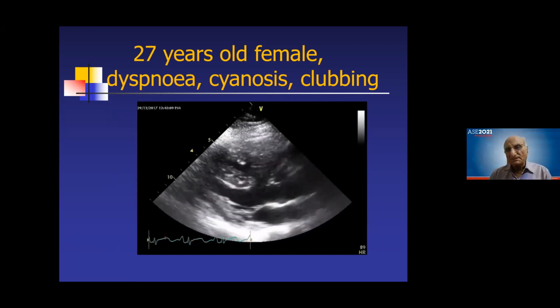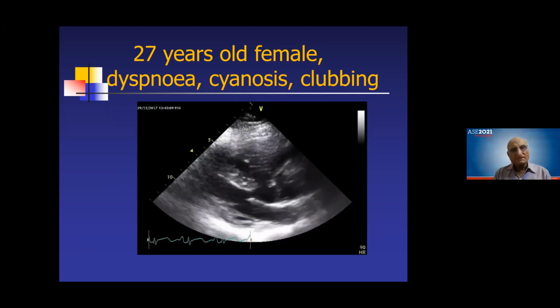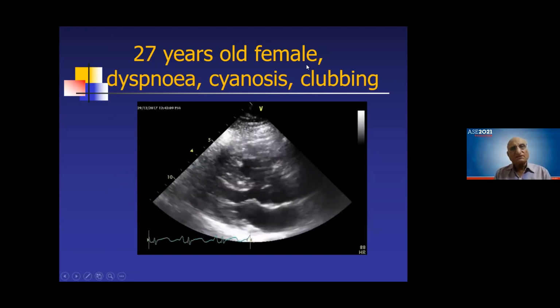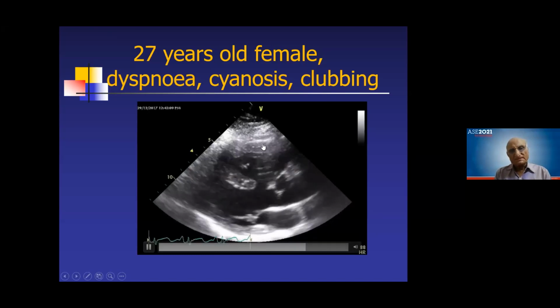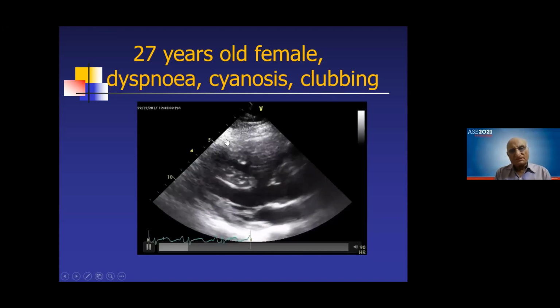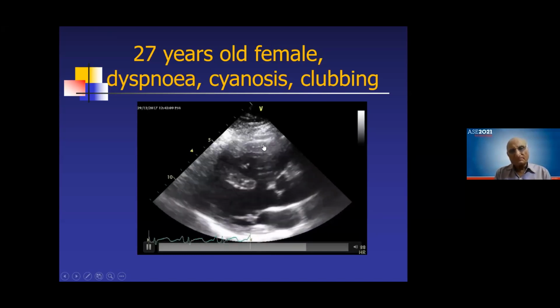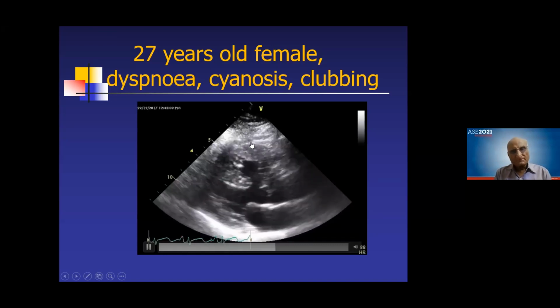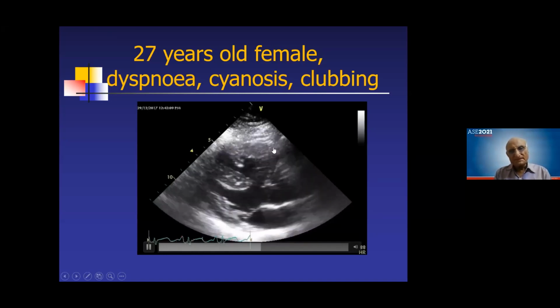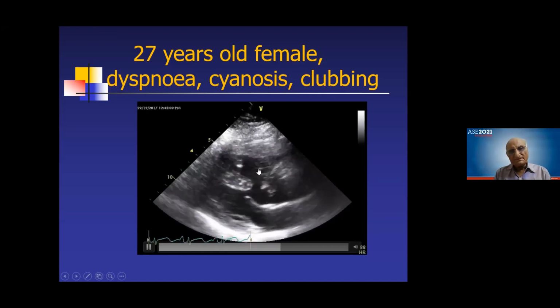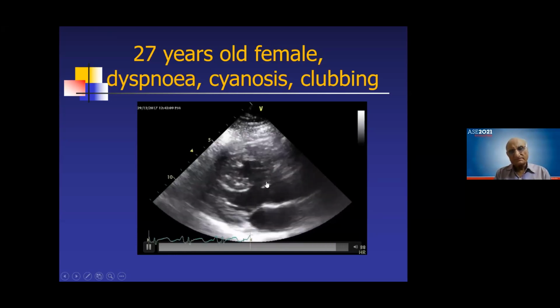Very commonly you will see one of the commonest cyanotic diseases. Now this was a 27-year-old female, with dyspnea, cyanosis, clubbing. We already showed you this slide, and you see there is a severe RVH. Then we see the RV enlargement, and then we see a VSD.